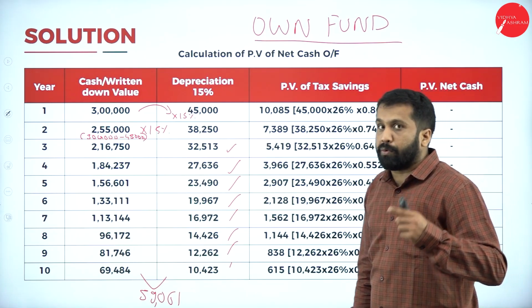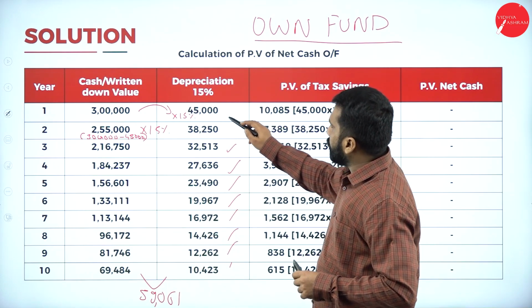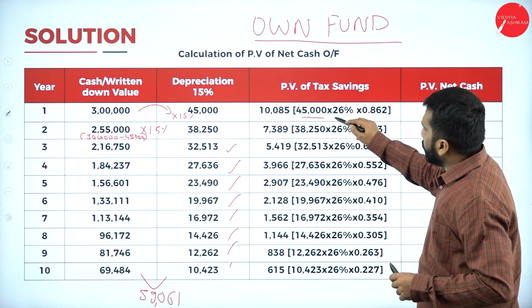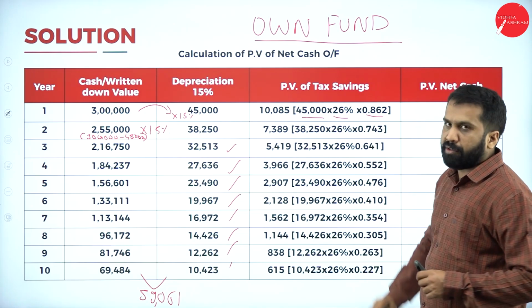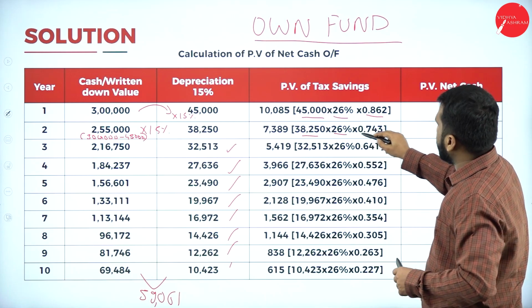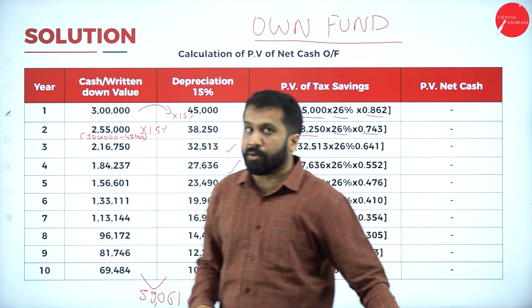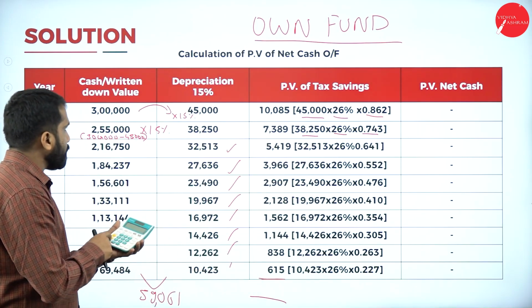You multiply with your tax and your PV factor. So your 45,000 into 26% into your PV factor. Your 38 into 26 into PV. If you do this, you will get your total. What is the total? I'll calculate.